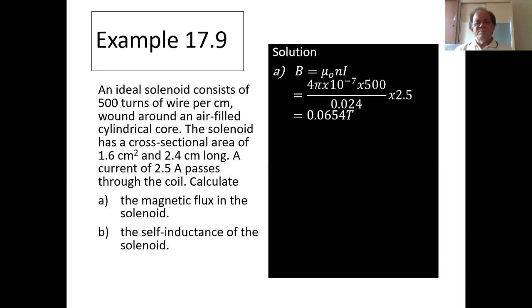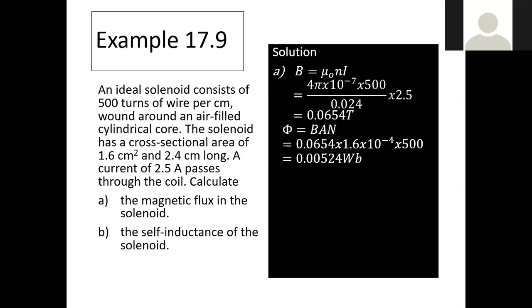Put in your value. That's your flux, BAN. You calculate your B. A, change to meter squared. That's your A, 1.6 changed to meter squared. Your N is 500.